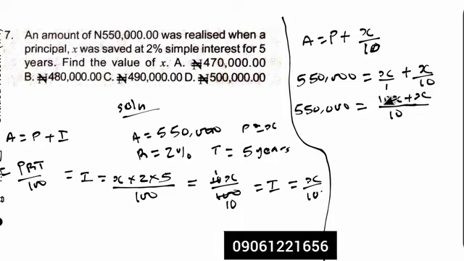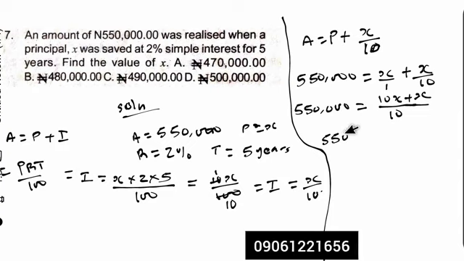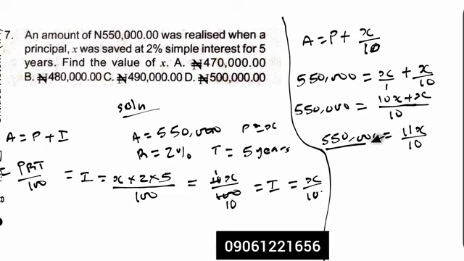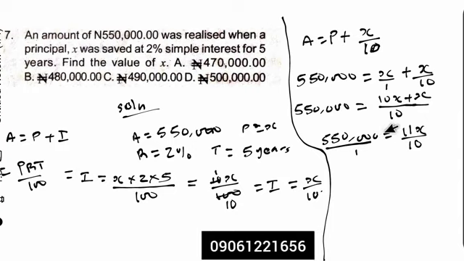Now let's add 10S plus S, which gives 11S. So 550,000 equals 11S over 10. Since this is in fraction, let's make the left side a fraction also. When you have two fractions separated by an equal sign, you cross multiply.